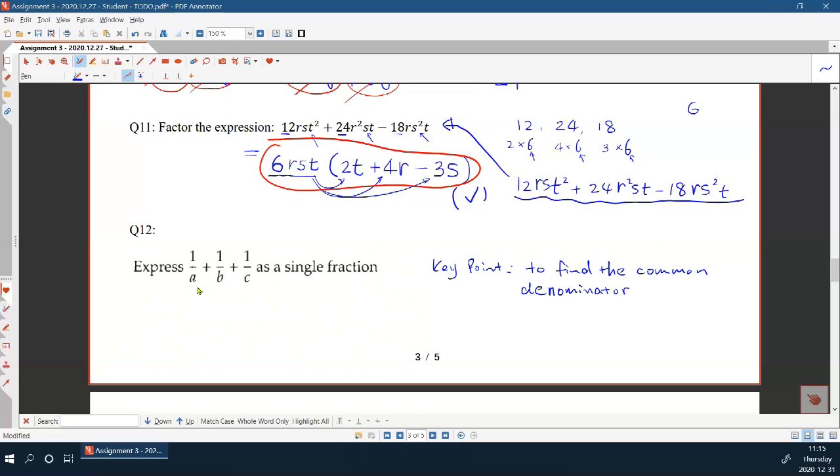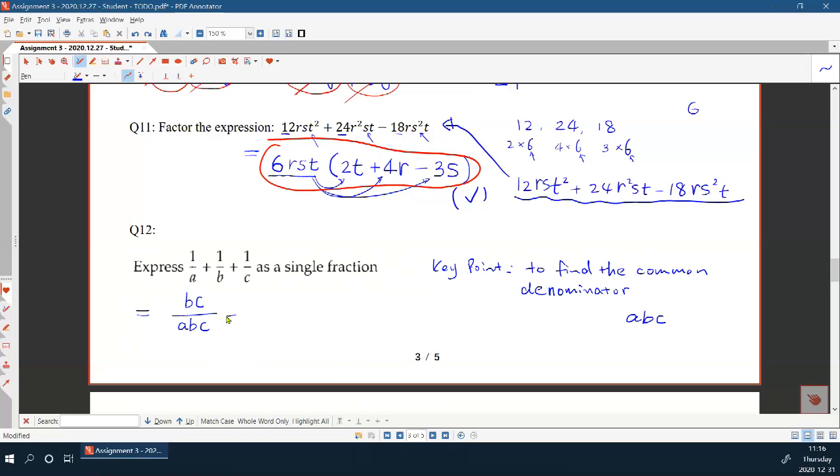Common denominator of a, b, c is apparently a multiplication of abc, right? So the first term, if we multiply bc on both the numerator and denominator, we have bc over abc, right? Because when you cancel these two, you have 1 over a, right?